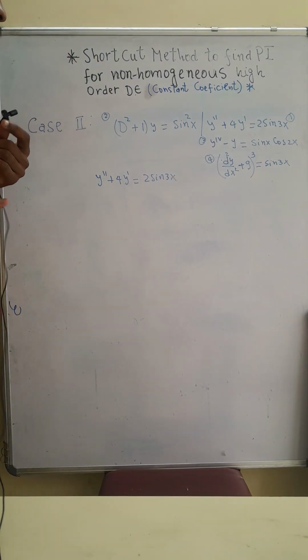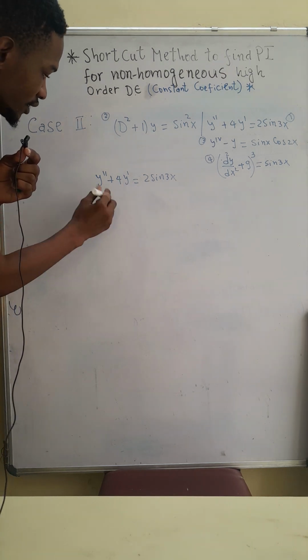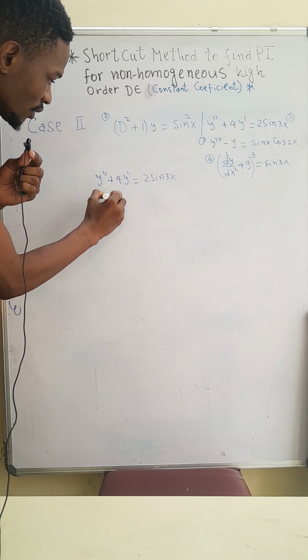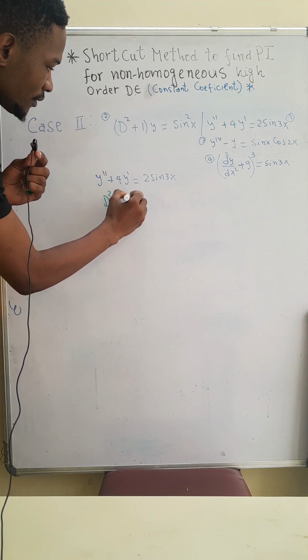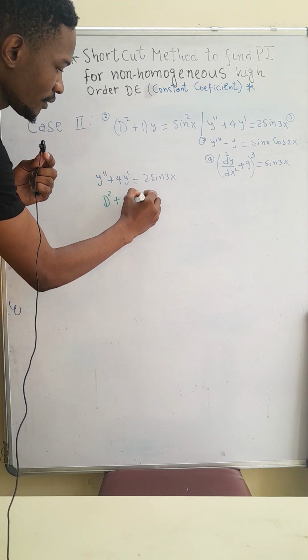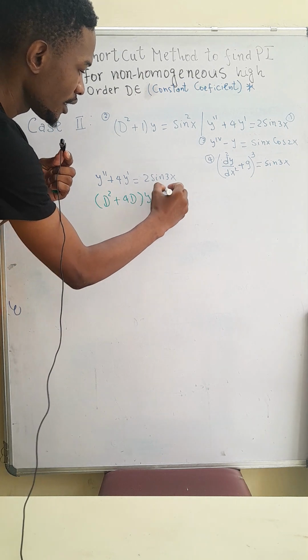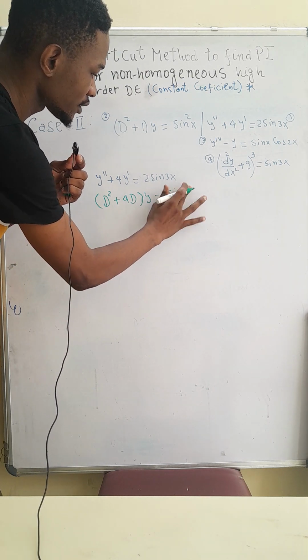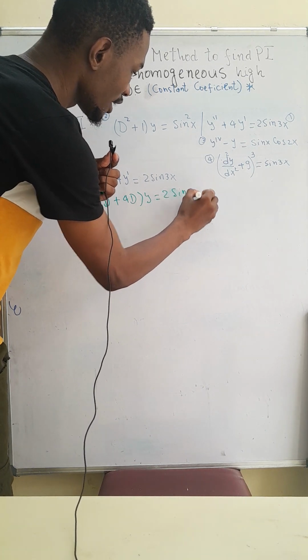The first thing is to write the auxiliary equation of this one. It will be d squared plus 4d, times y, equal to 2 sinus of 3x.